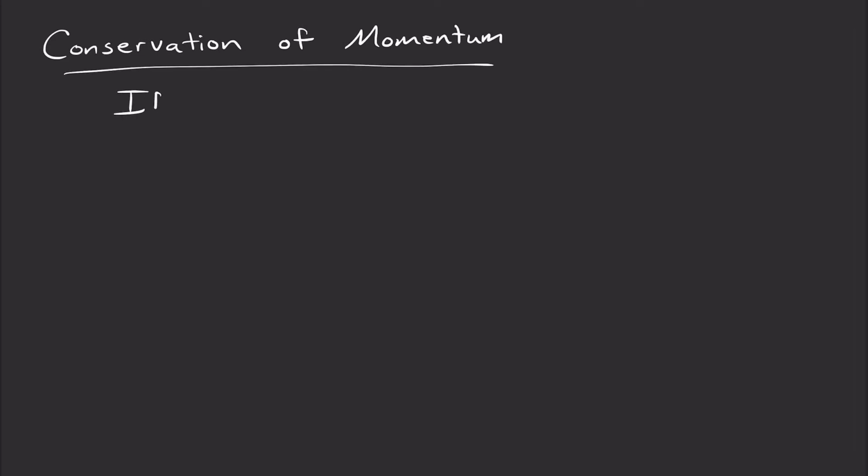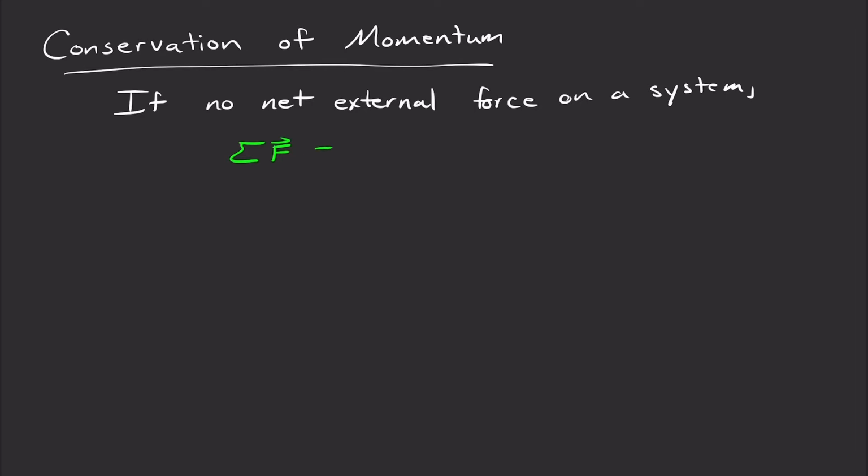This says that if there is no net external force on a system, then the momentum for that system is conserved. This comes directly from Newton's second law: the sum of the forces is equal to the change in momentum over the change in time.